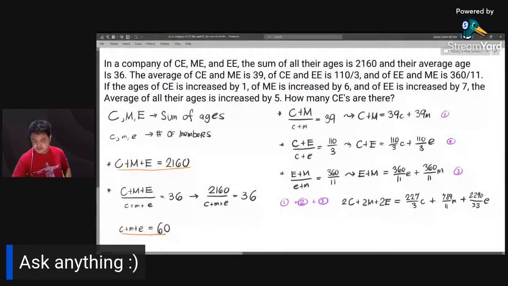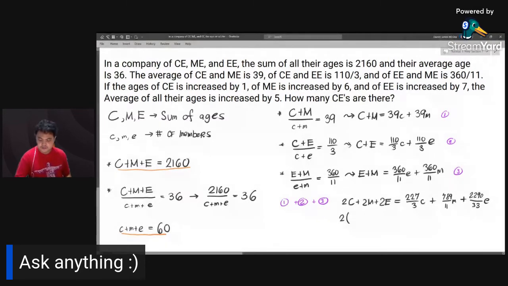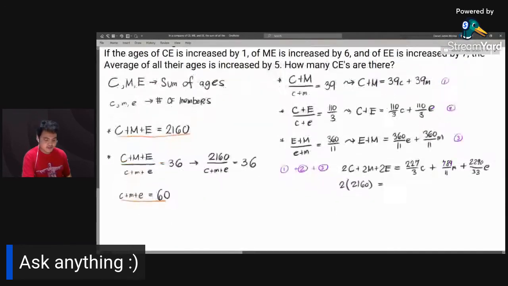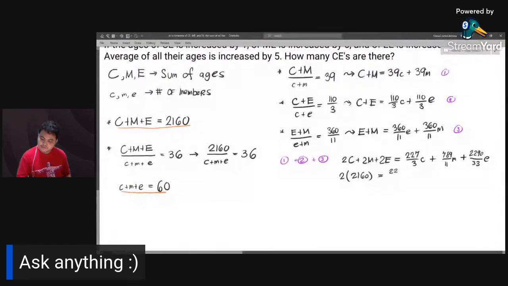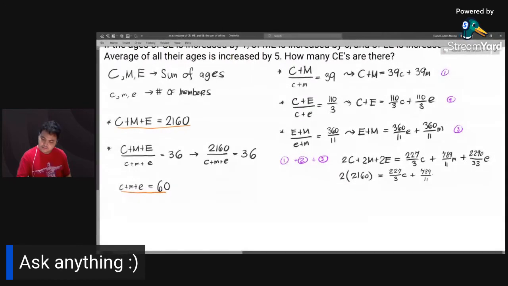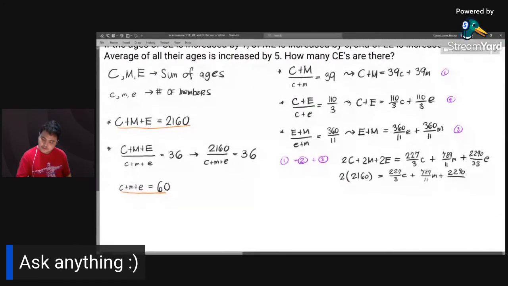Okay? So, if we factor out 2, tapos ang lalabas dito, C plus M plus E, no? Eh, that's actually 2,160. Yan. So, meron na tayong another equation. 789 over 11M plus 2293 over 33.